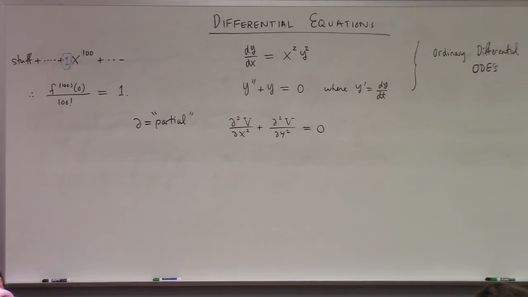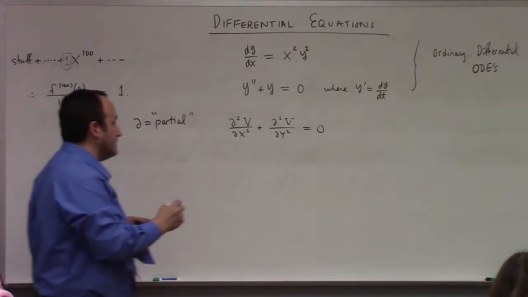For my first example, the independent variable is x. For my second example, the independent variable is t. My third example is an example of a partial differential equation.